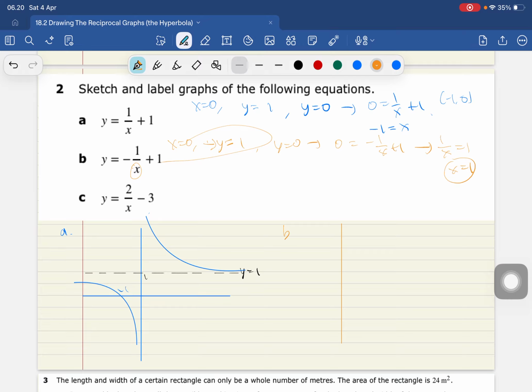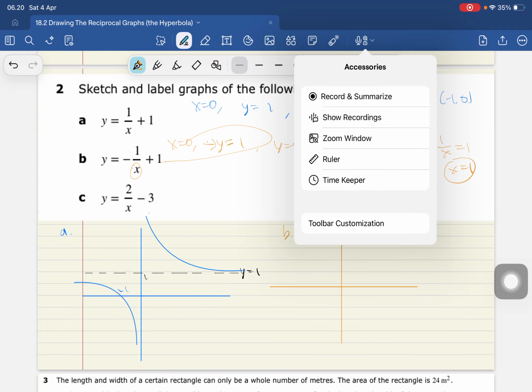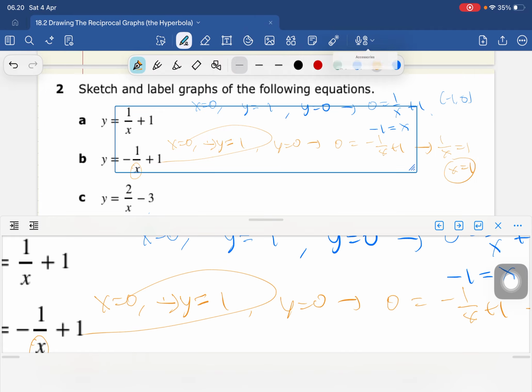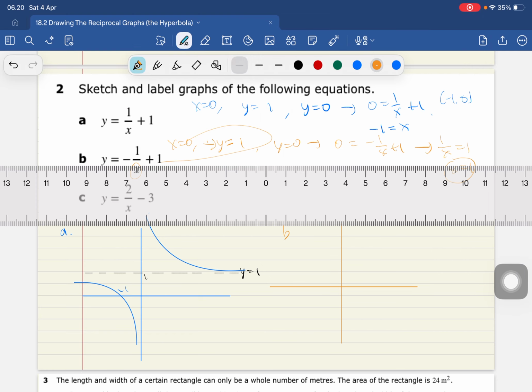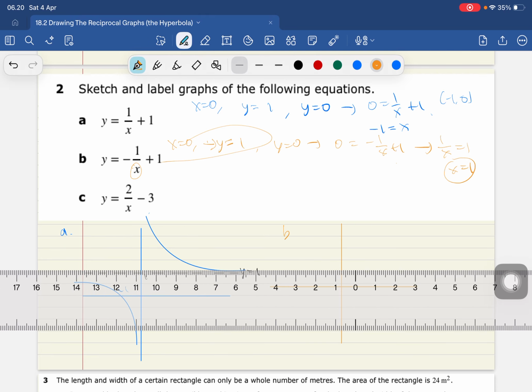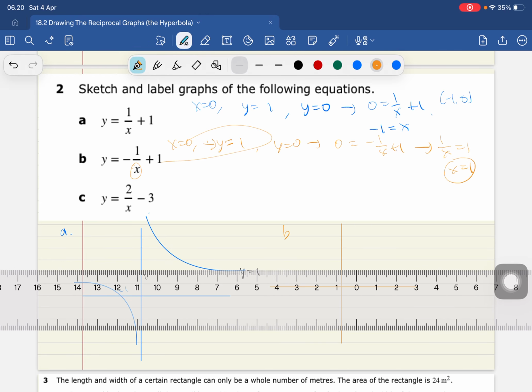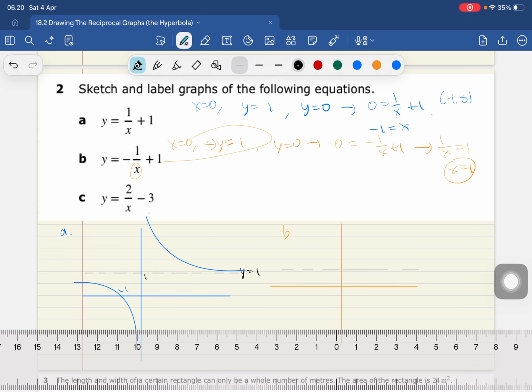Let me draw the graph. So the asymptote is, where's the ruler? Here the asymptote is y equal to 1. Okay, let's draw the asymptote. Here is y equal to 1.